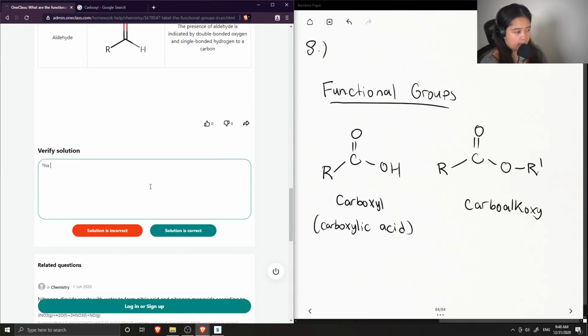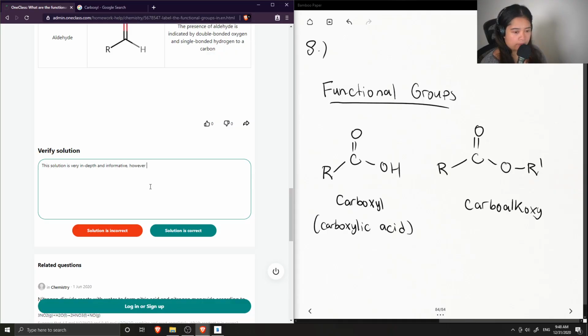Okay, so this solution is in depth and informative.